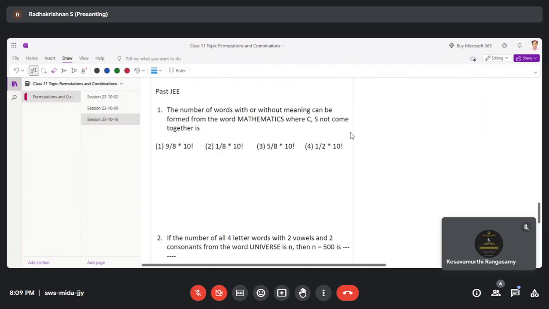How can you do this? I'll give you a clue. Can somebody think of any way before I give clues? See, calculate the total number of words.